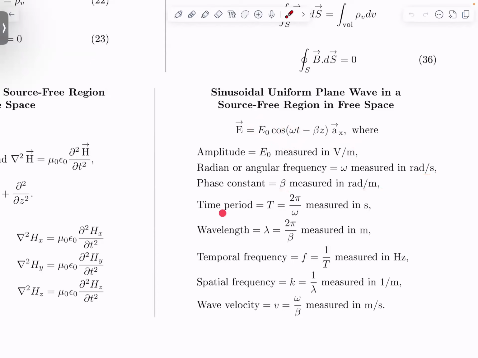This is the wave equation for the electric field, but it's in phasor domain or frequency domain. We can still call it the wave equation, or since it's in frequency domain, there is another name for it, and that name is the Helmholtz equation.